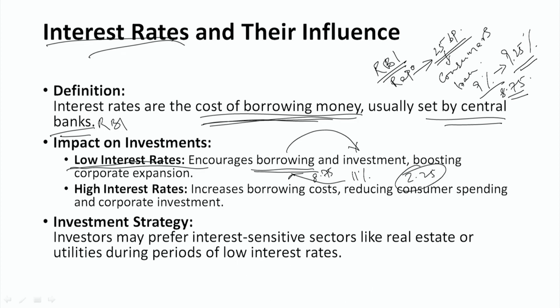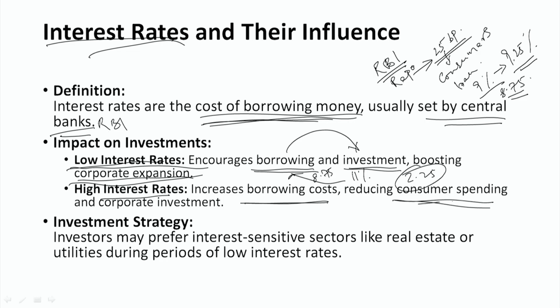And whenever the investment increases in the organization, automatically there are chances of expansion in companies. So that's the indirect effect of interest rate. Whenever the interest rate goes up, what is likely to happen? The borrowing cost increases, and whenever there is an increase in the borrowing cost, what will happen?